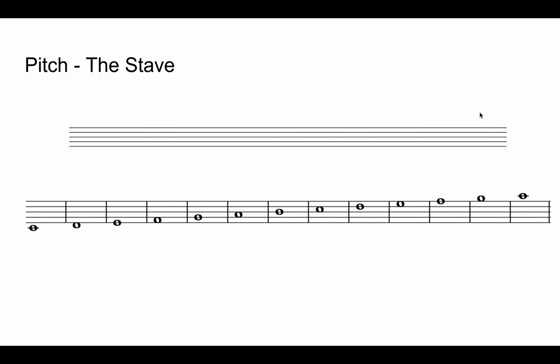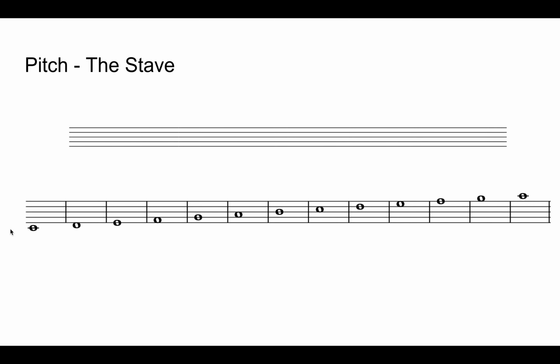As we move through the stave, we count in lines and spaces through the 7 letters of the musical alphabet, the letters A through G. Here I've got a stave that I've filled in with a note in every possible location.